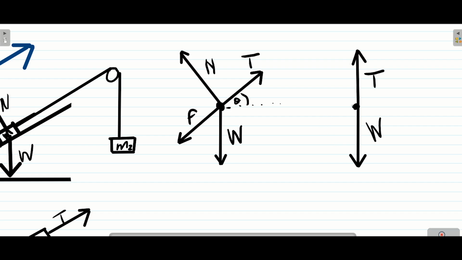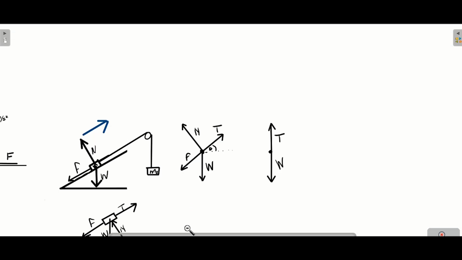As you can see, there's no normal force here, and there's no frictional force because it is not resting on a surface. You need a surface to have frictional force and normal force. So that's M2's free body diagram.